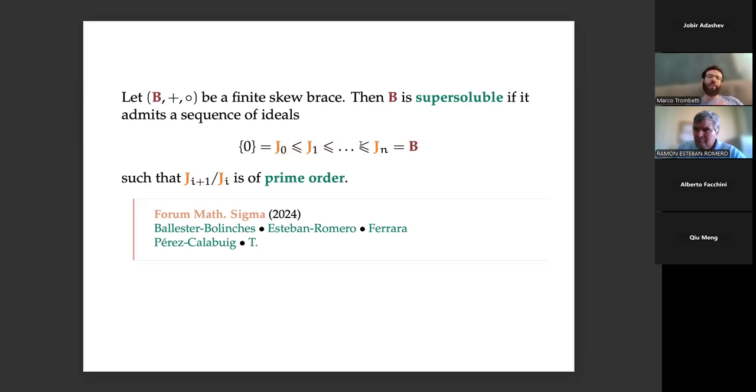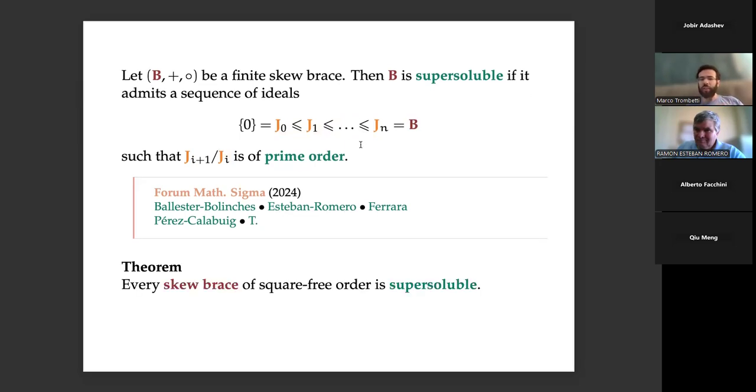What is so nice about supersolvable skew braces? Well, for example, it turns out that every skew brace of square free order is supersolvable, which is nice. So if you have many nice properties for your supersolvable skew braces, then you have those properties for square free order skew braces.